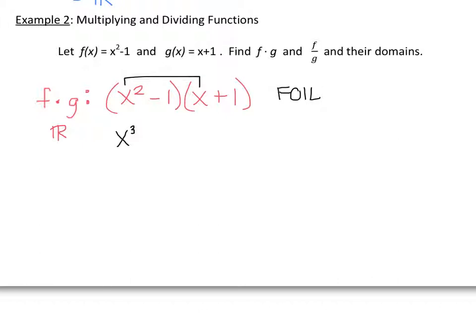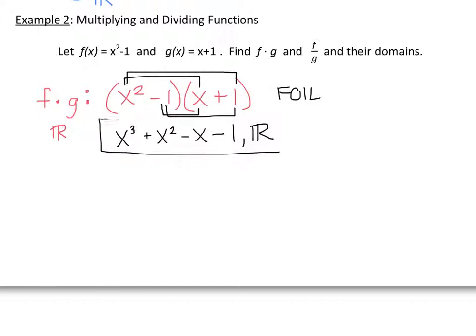Yep, x to the third. Outside times outside, x squared. Okay, inside times inside. Last times last is negative 1. Any like terms there? No, all the exponents are different, so we can't combine any of them together. So that with your all real numbers is your answer.